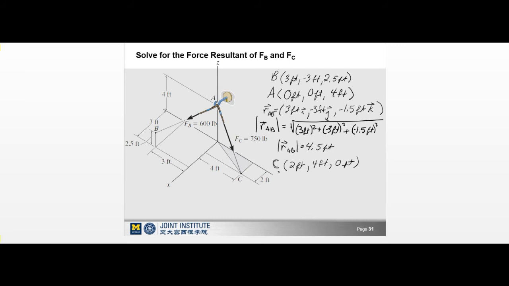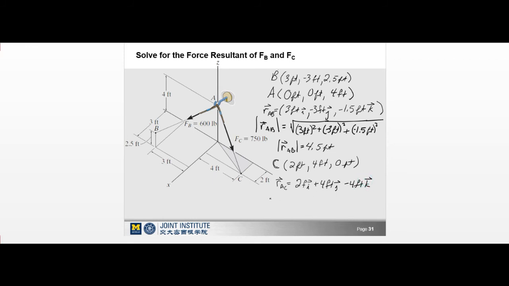So we'll subtract, I'll have C minus A. So for the direction vector RAC, this will be the components of C minus the components of A. So that would be 2 feet in the I, plus 4 feet in the J, and then we have 0 minus 4 feet, so minus 4 feet in the K direction.